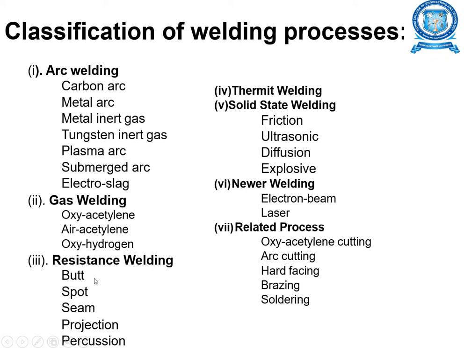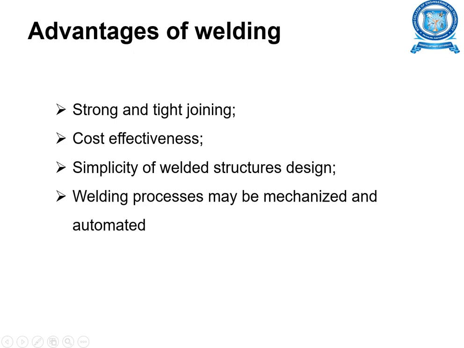And in resistance welding, you have butt welding, spot welding, seam welding, projection, and percussion welding. And the fourth one is the thermit welding. And the fifth is the solid state welding. Here you have this friction, ultrasonic, diffusion, and explosive welding. And newer welding is electron beam and laser beam welding. And the related processes are oxyacetylene cutting, arc cutting, arc facing, brazing, and soldering.